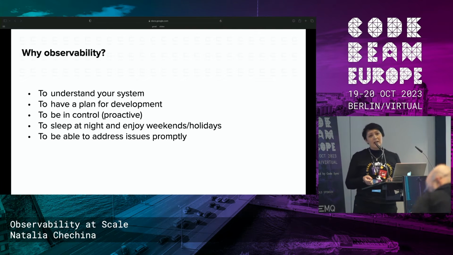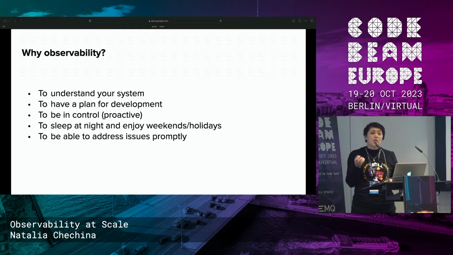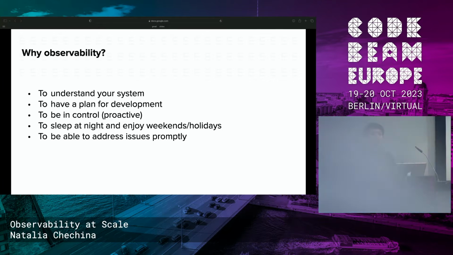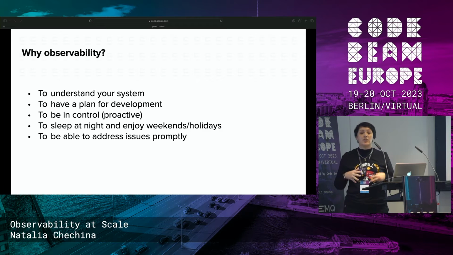And also to address the issues promptly, right? So if we know where the bottleneck is, we can design for it, we can make the plan, we can make the changes, rather than blindly debugging and looking for it and making assumptions and then changing and making assumptions and not seeing the result of our work.